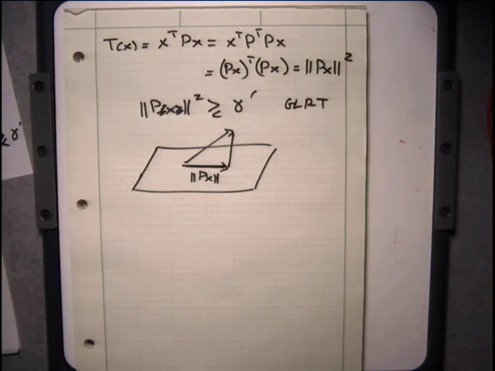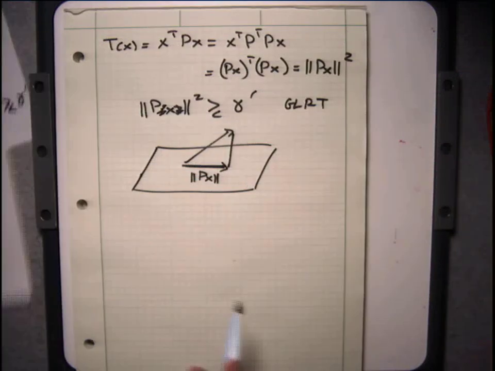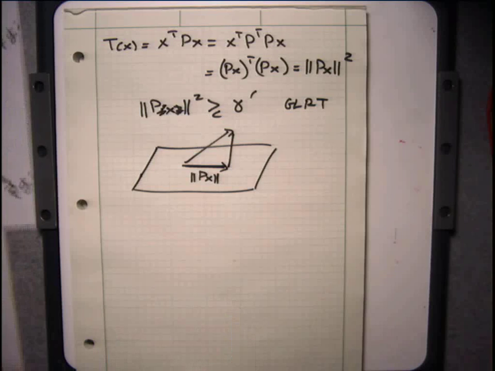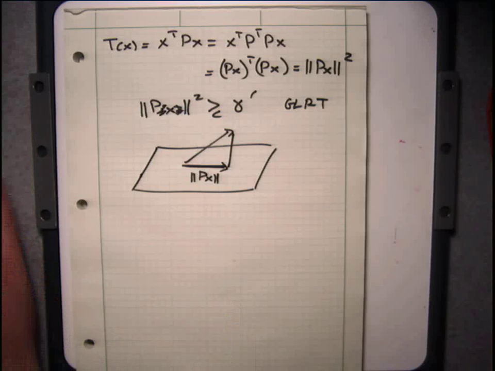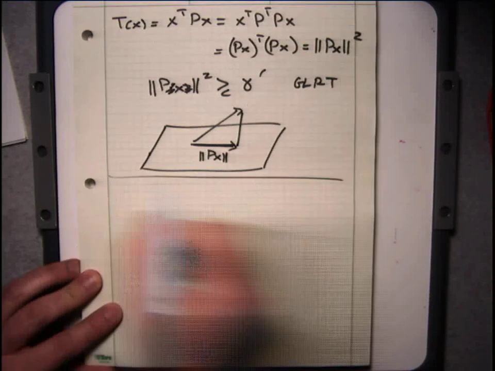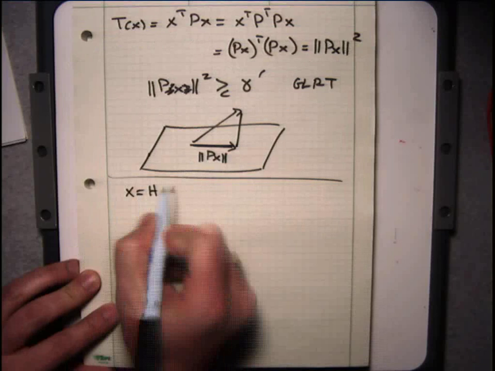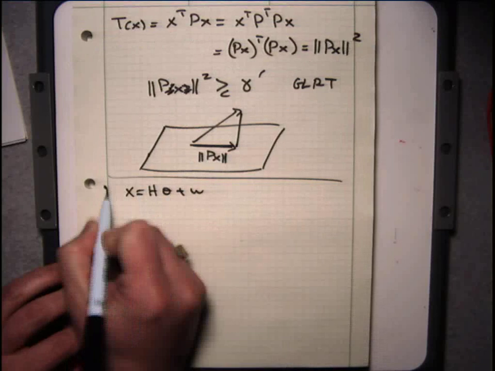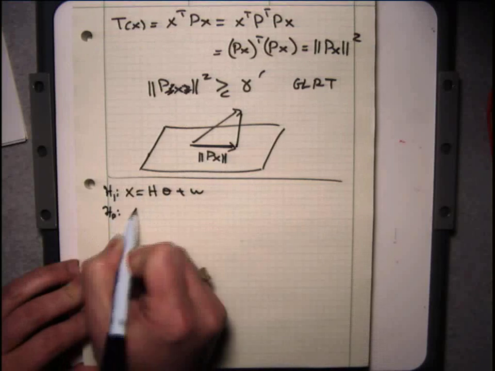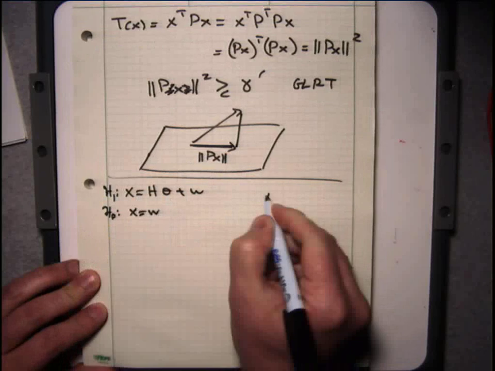All right, the performance of this detector, of course, is going to be different and specifically worse than the case where theta is known. So if you have this problem, x equals h theta plus w under h1, and under h0 you have x is w.